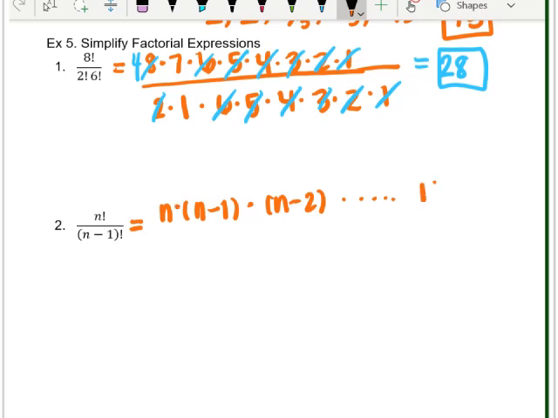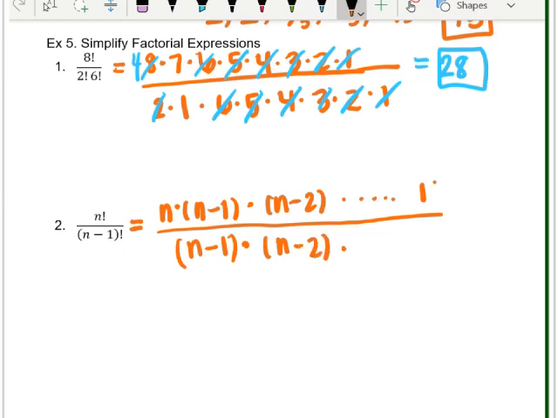So those numbers are all being multiplied out. Okay, and then on the bottom here, n minus 1 factorial is n minus 1 times the next lowest one, n minus 2, times all the way down to 1. So basically, this all right here is going to cancel out, and you're just left with n, and that's it on the top.